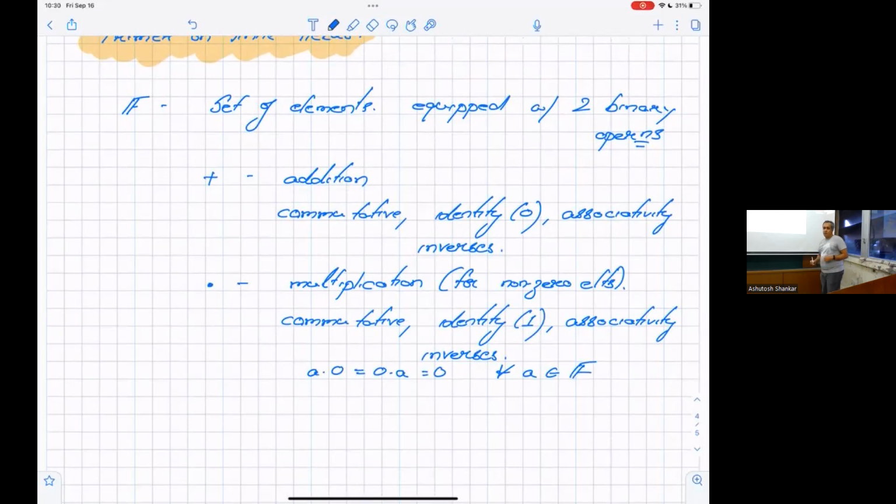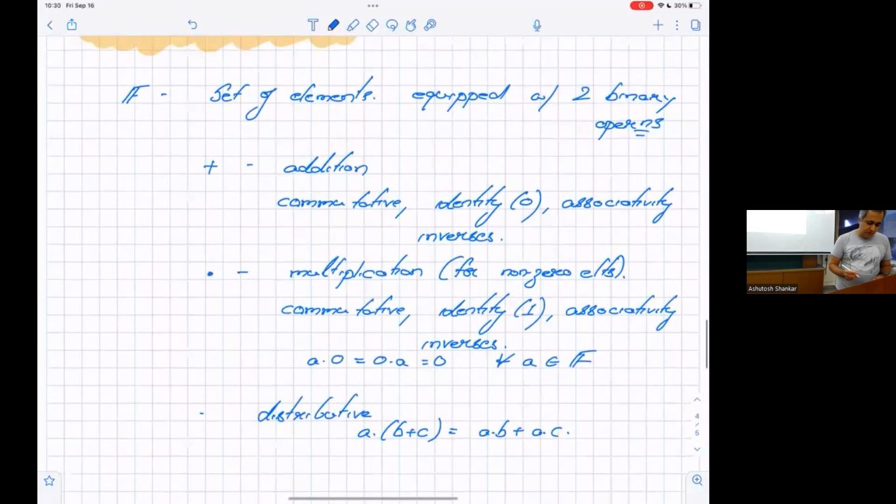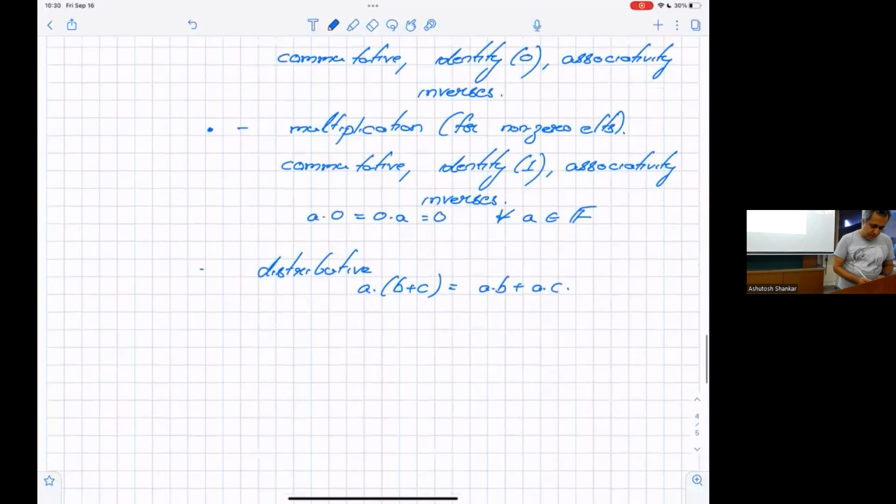And finally, we want distributivity: a times (b plus c) equals ab plus ac. And a ring is all the above except for multiplicative inverses.